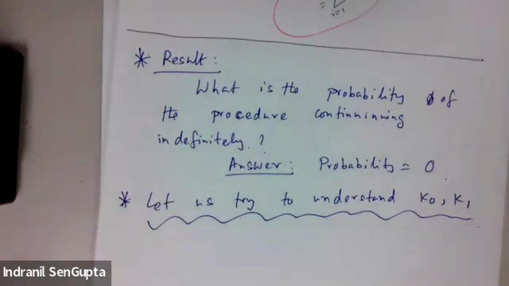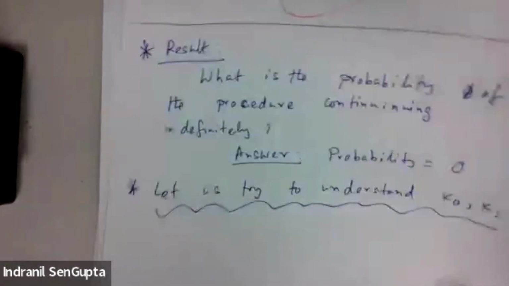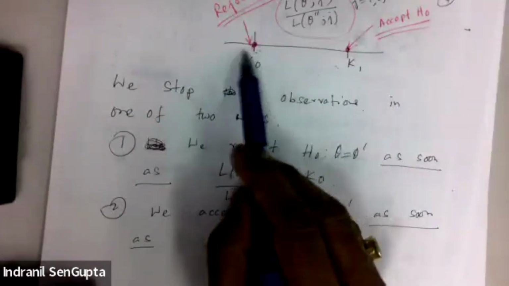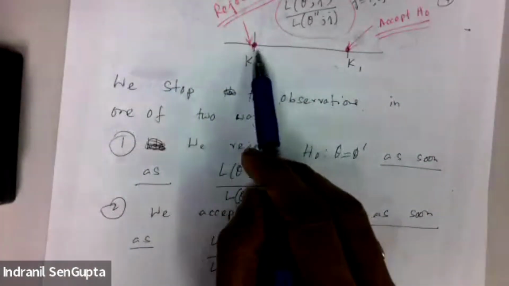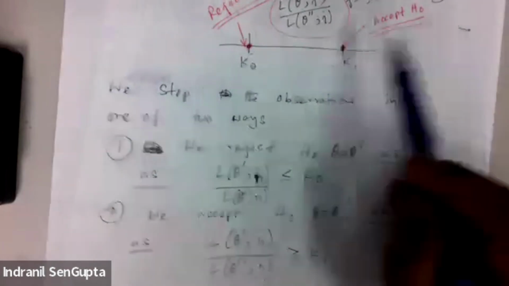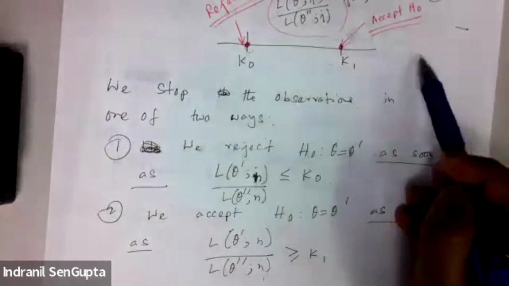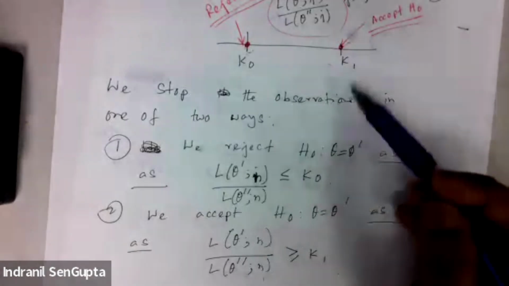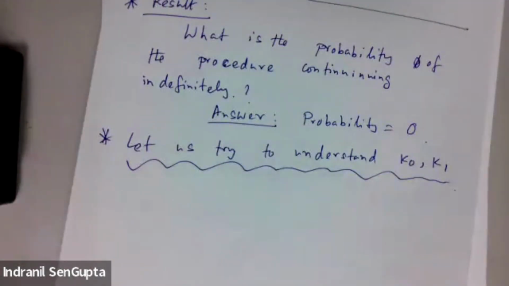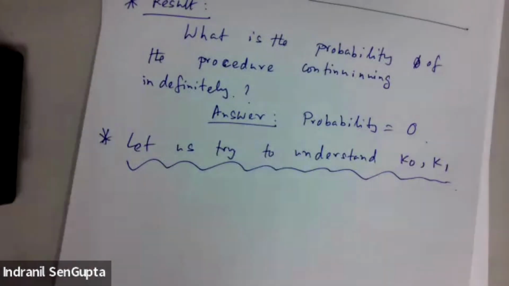Because as we have seen, they are predefined and they play a major role for this decision making, right? So whenever this quantity is going to the left-hand point or less, we're rejecting the null hypothesis. Whenever it's here or more, we're accepting the null hypothesis. So both K0 and K1 are very important in making the decision, right? So that's why they are really, really important.